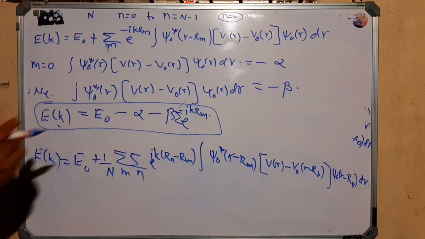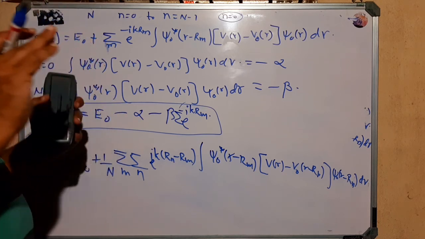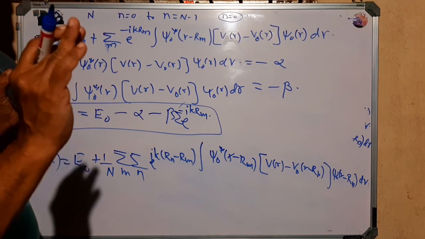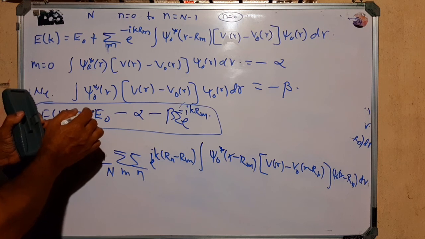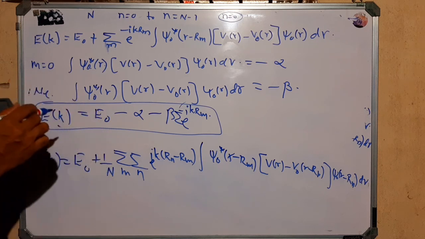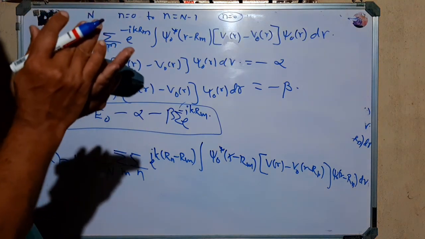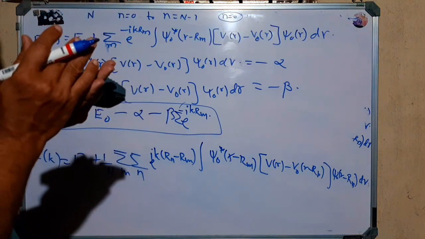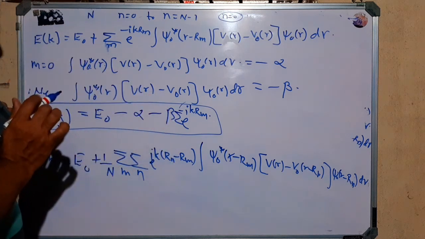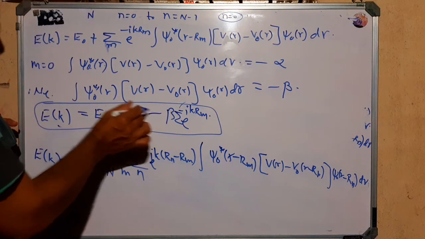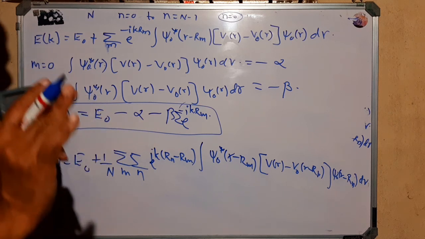When you consider an atom which is farther away, its energy is E naught. But when you bring the atoms close together to form a crystal, the energy of the electron undergoes variation. Here we have taken minus, but don't think that the energy of the electron is decreased.